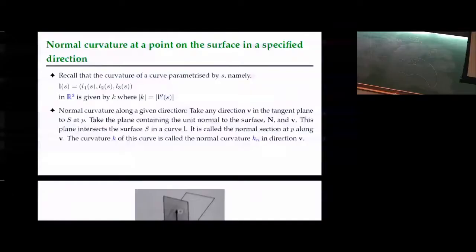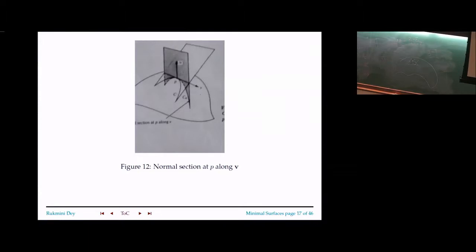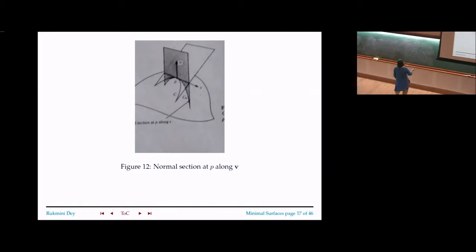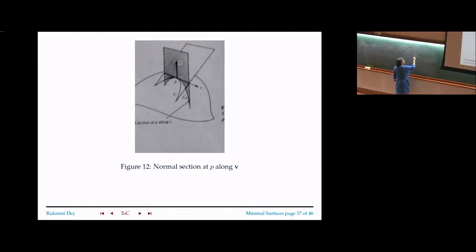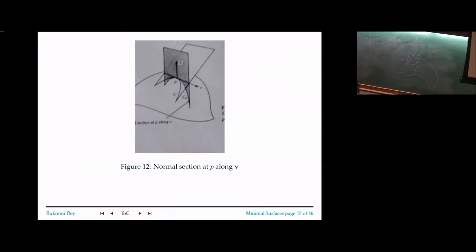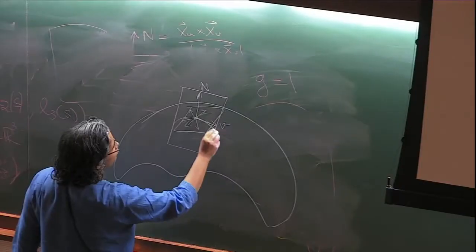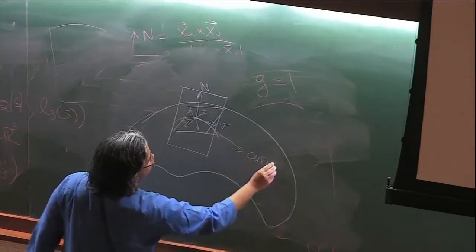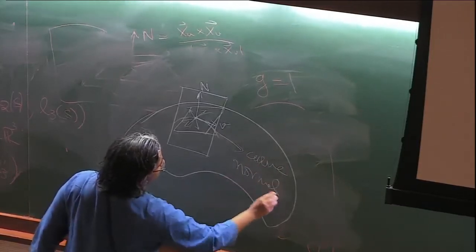I'll explain with this diagram. Here you have the surface and there is a normal. There's a tangent plane. I have not drawn the tangent plane, but there's a normal to it, right? And you start with any direction V. There is the normal N, and you draw the plane through N and V. That will cut the surface in a curve, which is called a normal section.